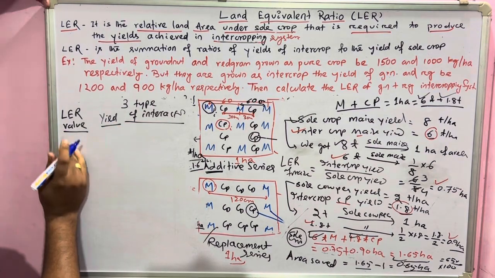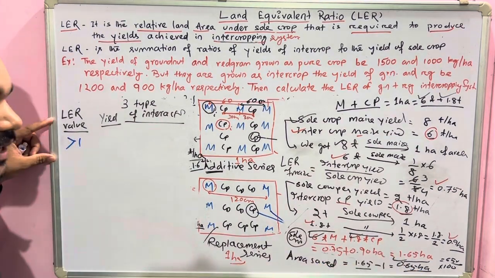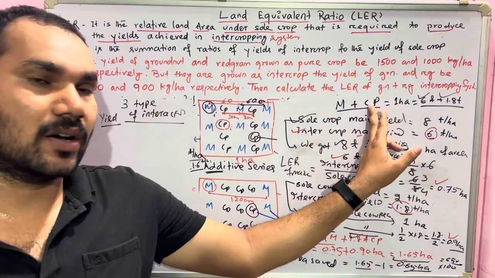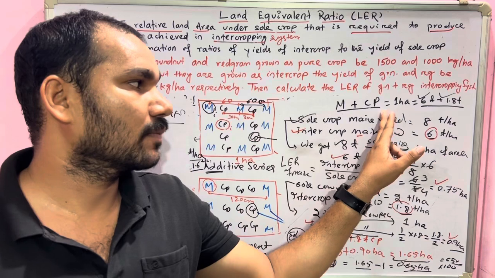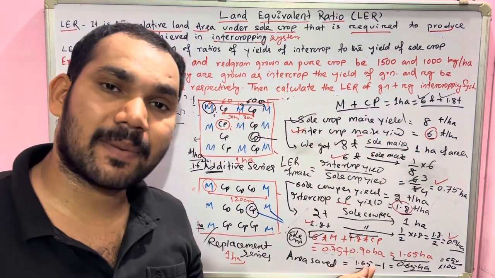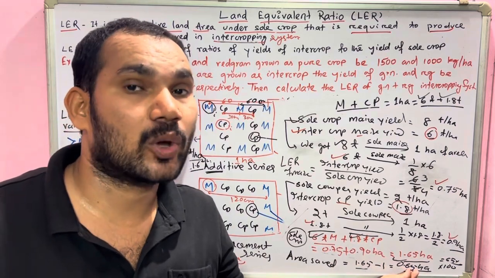The normal is, if LER is more than 1, and here we are getting more than 1, that means area is saved. What is the yield here? We are getting it from 1 hectare of land if it is intercropping, but if it is sole crop, I require 1.65 hectare. So 0.65 hectare area is saved if I go for intercropping.